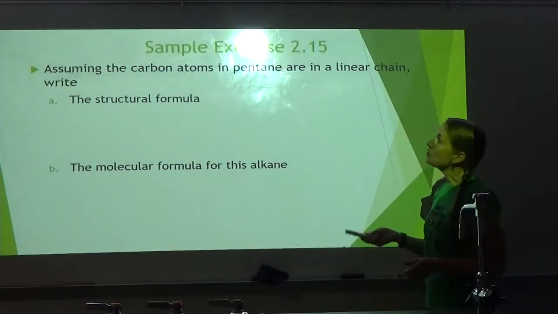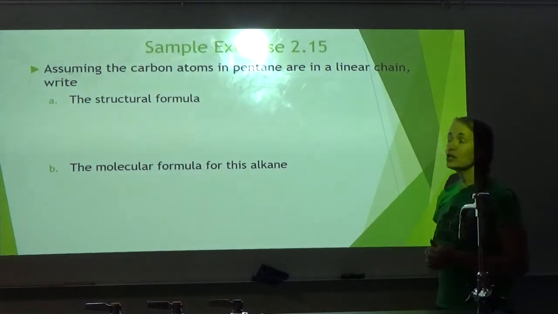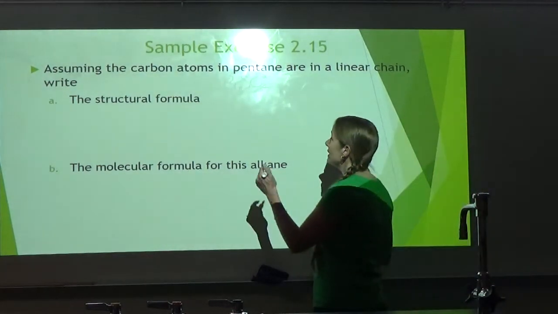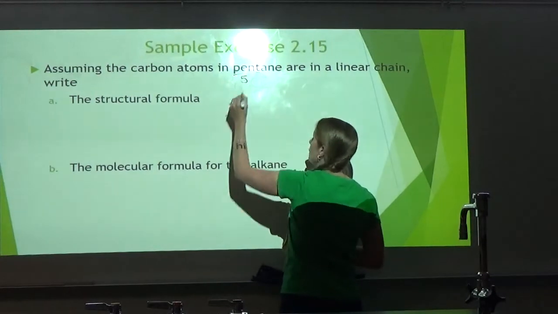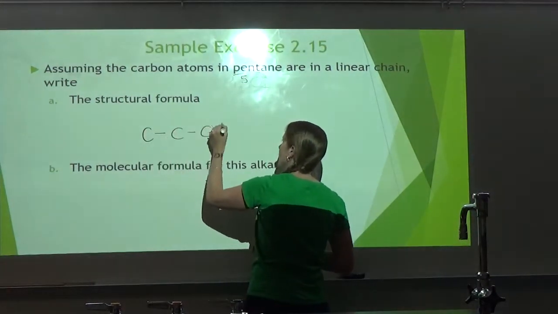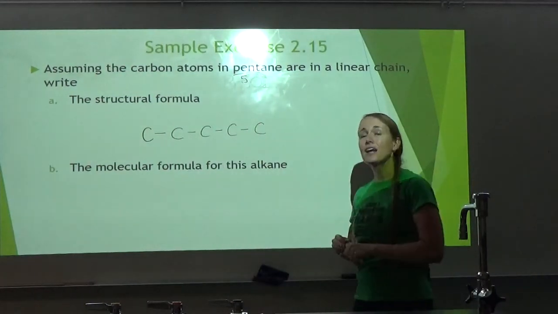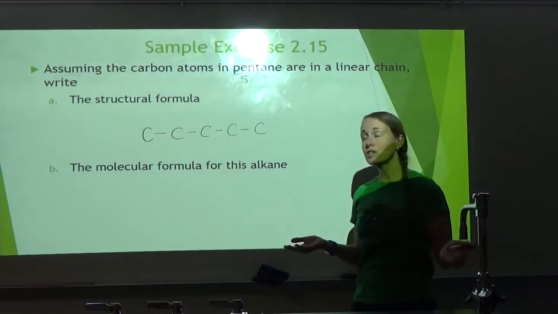So it says, assuming the carbon atoms in pentane are in a linear chain, write the structural formula. Well, pent means 5. So pentane means a chain of 5 carbons. So 1, 2, 3, 4, 5. And then I know that the only other element that can be there is hydrogen.